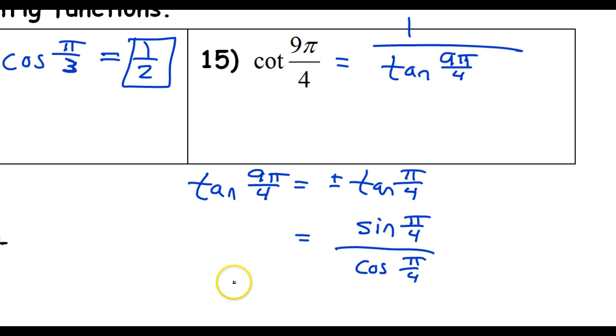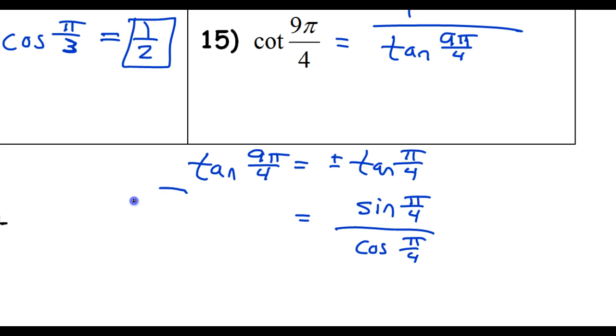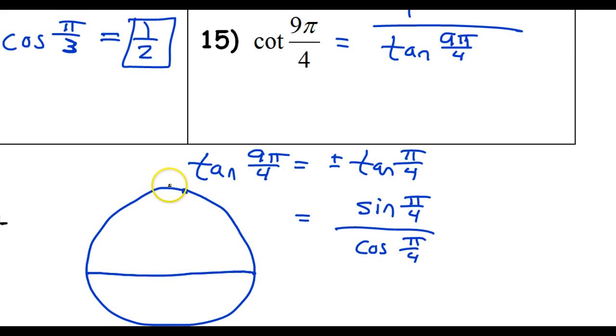To do that, we will need to look at the unit circle one more time. So we need pi over 4's happening. So here's pi. Now we have pi over 2. If I split them one more time, I have pi over 4. Okay, 1, 2, 3, 4, that's pi over 4.